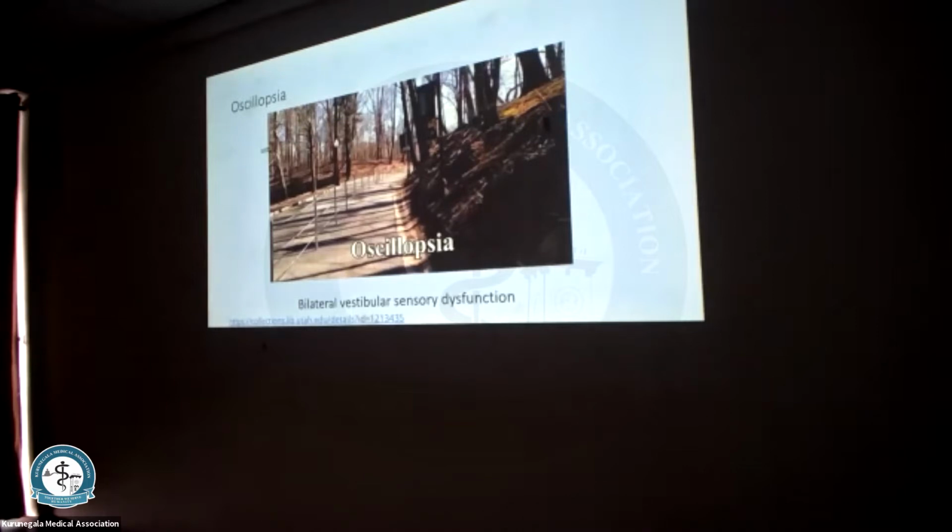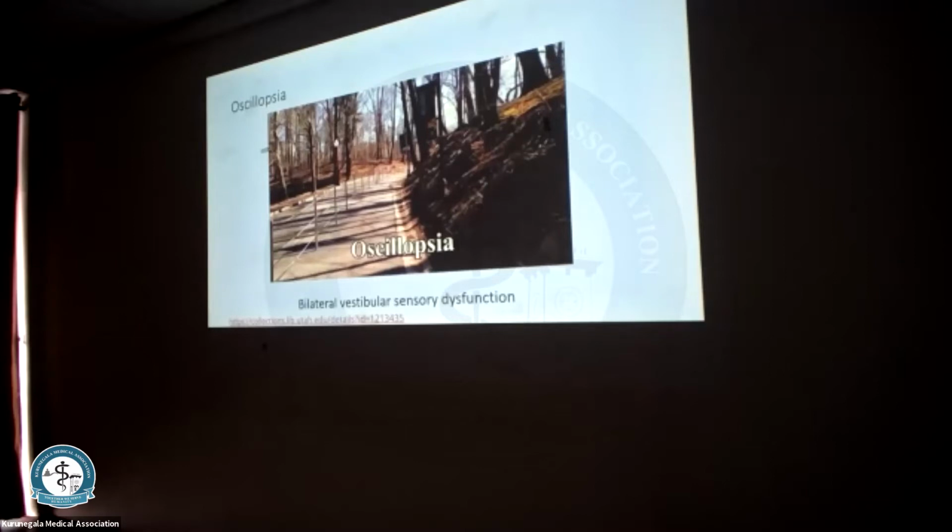This happens when there is absence of bilateral vestibular function. So this is a patient who has loss of vestibular function on both sides. What happens is when he is walking, his visual field shakes, so he cannot compensate for the head movements.